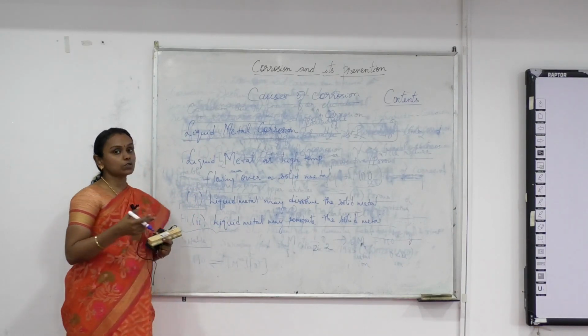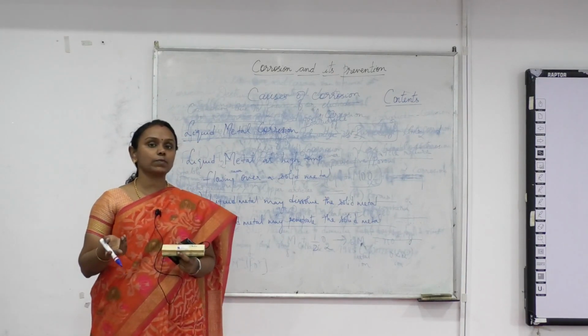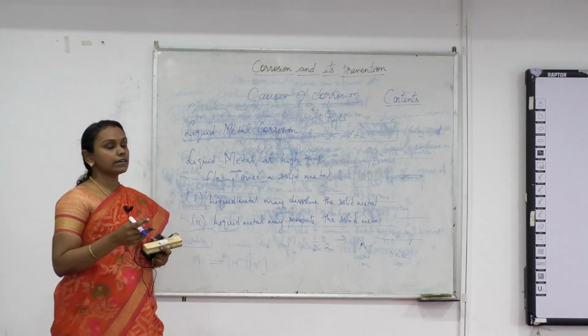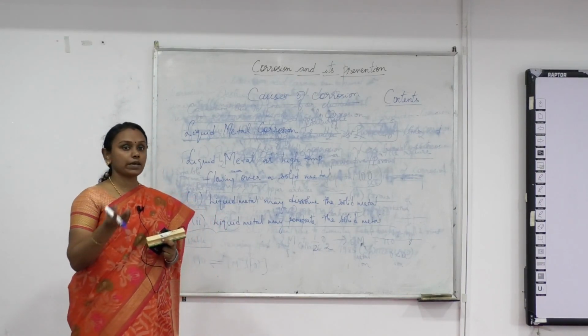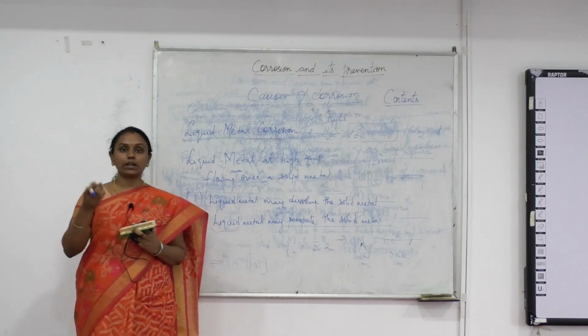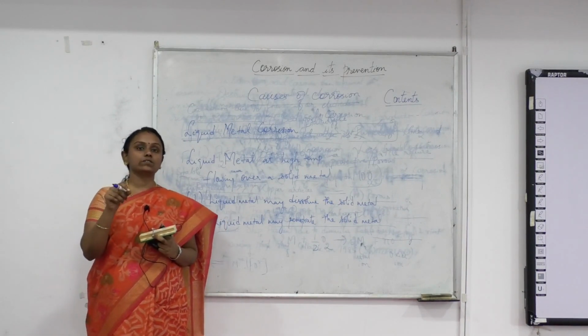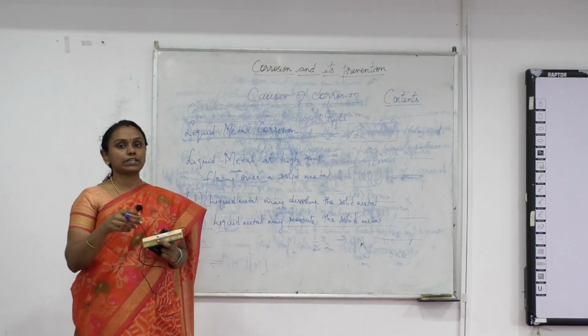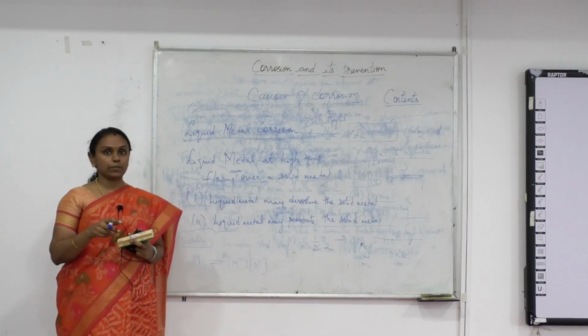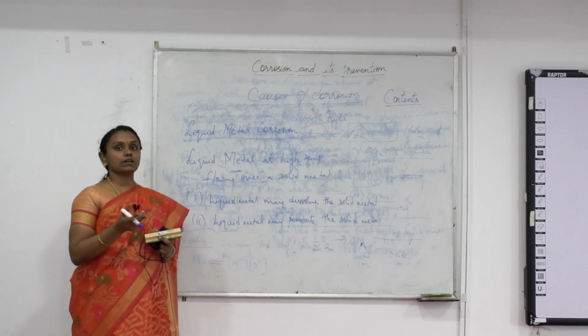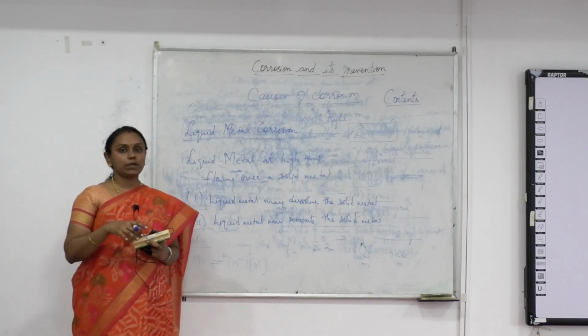Then next is corrosion due to hydrogen. When hydrogen is present, there are 2 probabilities. Either hydrogen present in the atmosphere may attack the metal and deposit in the small voids of the material, build up pressure, and lead to explosion. That is called hydrogen embrittlement. The other probability is decarburization.